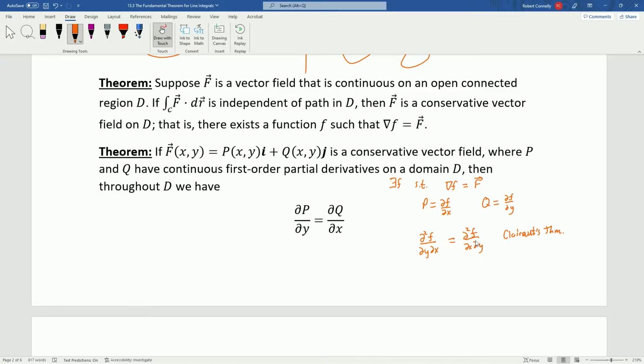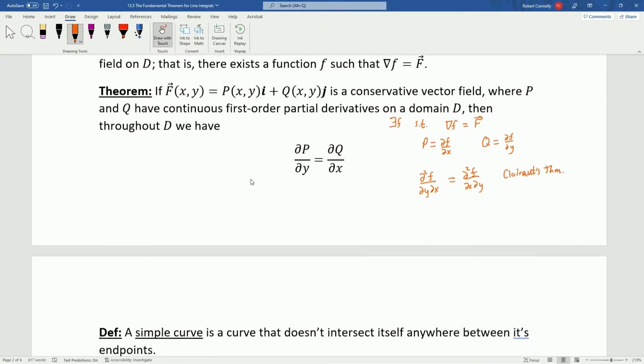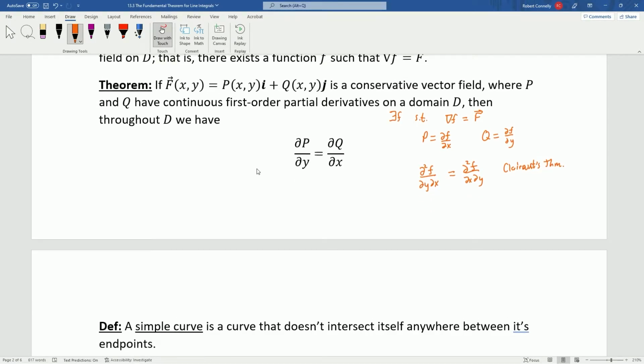And then Clairaut's theorem is going to guarantee that these second partial derivatives are equal. But that's exactly the same thing as stating dP/dy equals dQ/dx. Okay, so hopefully this is all kind of tying together. It's a lot all at once, but if you just think about how every piece is interacting, hopefully it'll make sense.